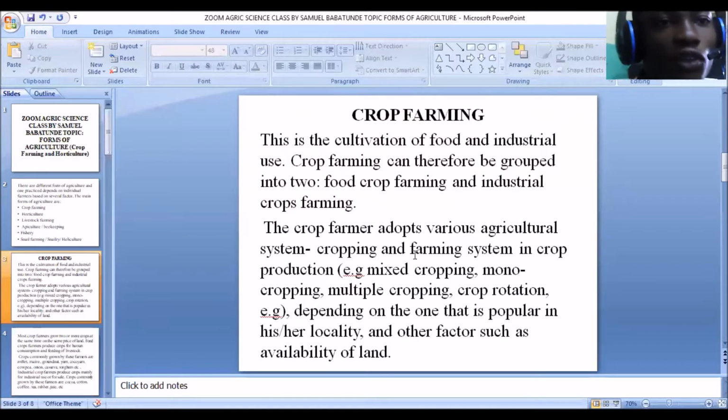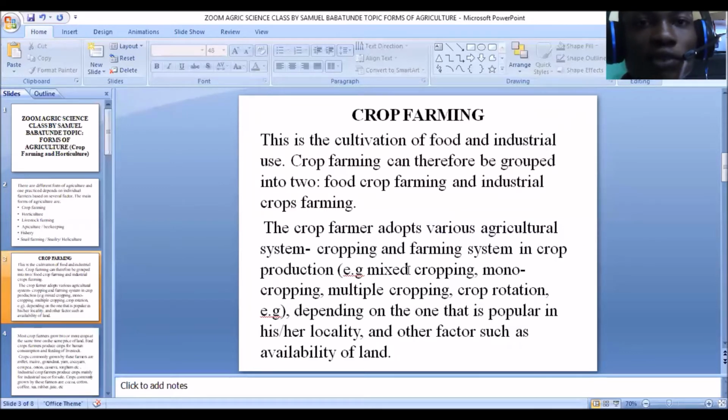Now, the crop farmer, that's the farmer involved in crop farming, adopts various agricultural systems, cropping and farming systems in crop production, for example, mixed cropping.